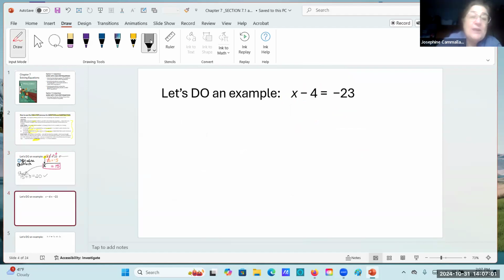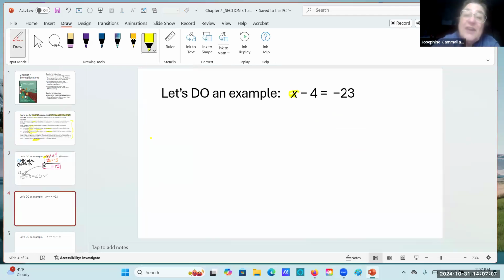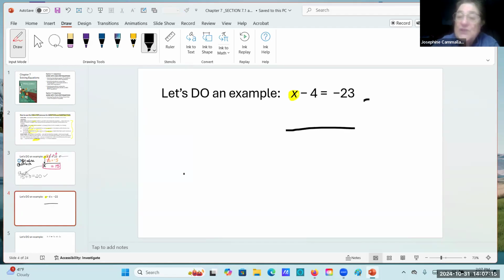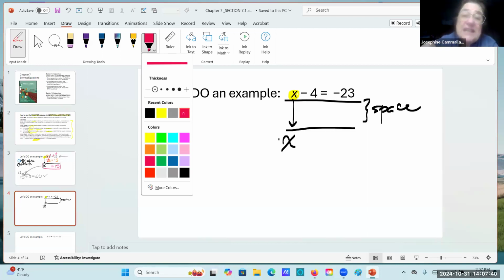Now, our next equation. First thing, find the variable. That's right there with x. I'm drawing a line. Now notice there is a space here. So in notebook land, I have x minus 4 on one line of my notebook paper, and I'm going to skip and right below this line, I'm going to write x. Now I'm going to do the opposite.